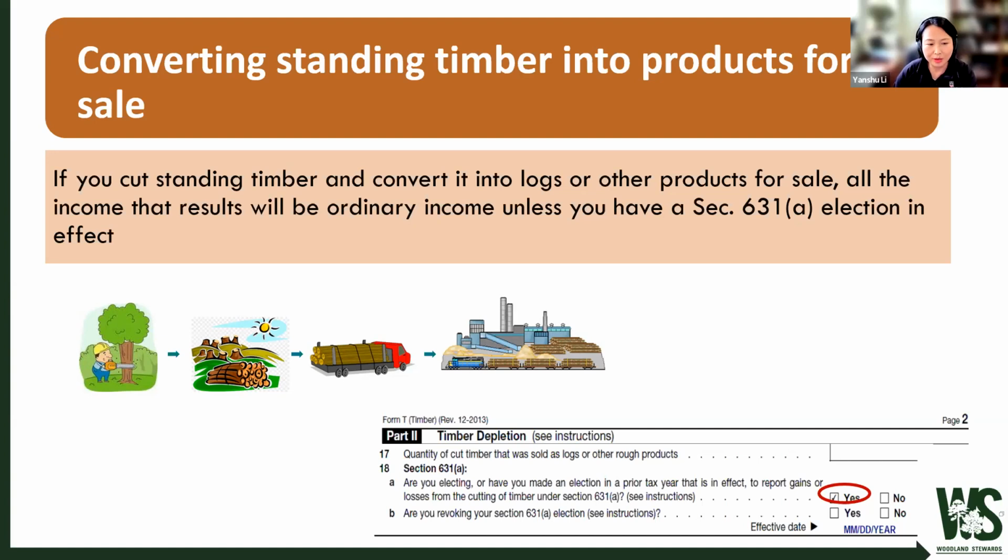Basically, you use Form T, Part 2, make this election, and then do the calculation properly. And only in this way can you enjoy treating part of your gain or income from this sale as a long-term capital gain.